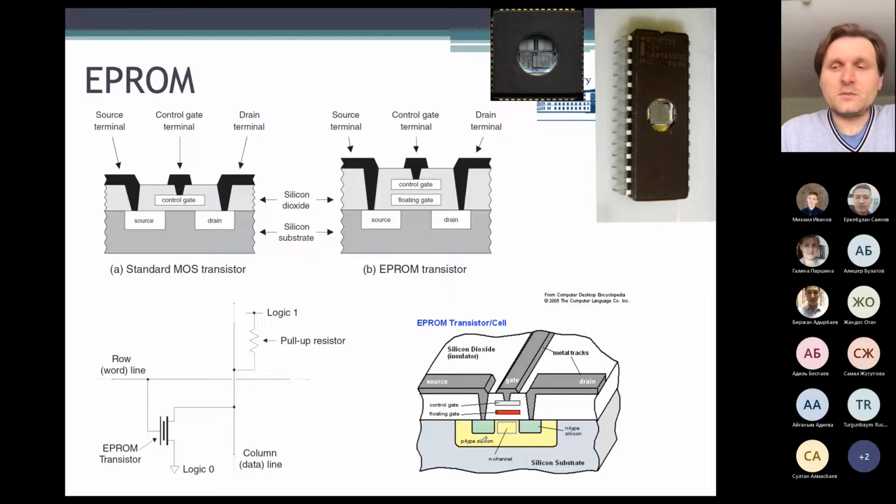Okay, the next kind of memory is EEPROM. EEPROM is a memory which can be programmed, and it keeps the values. There are technical details inside: the source, drain, control gate and gate. The transistor is a metal-oxide silicon transistor.